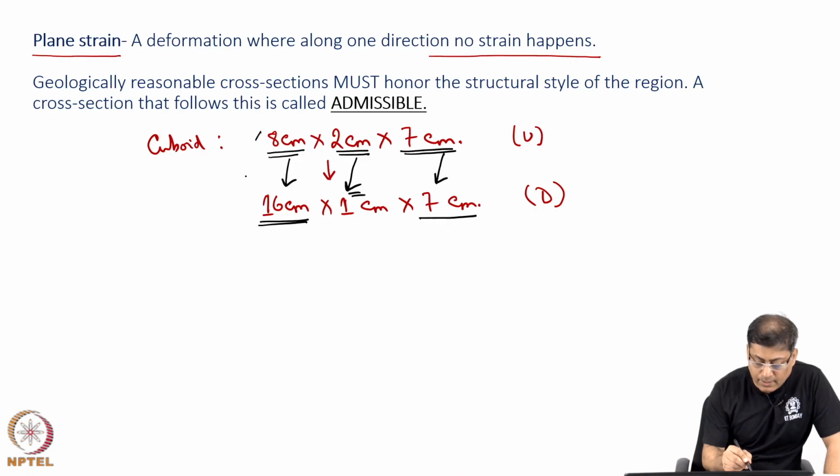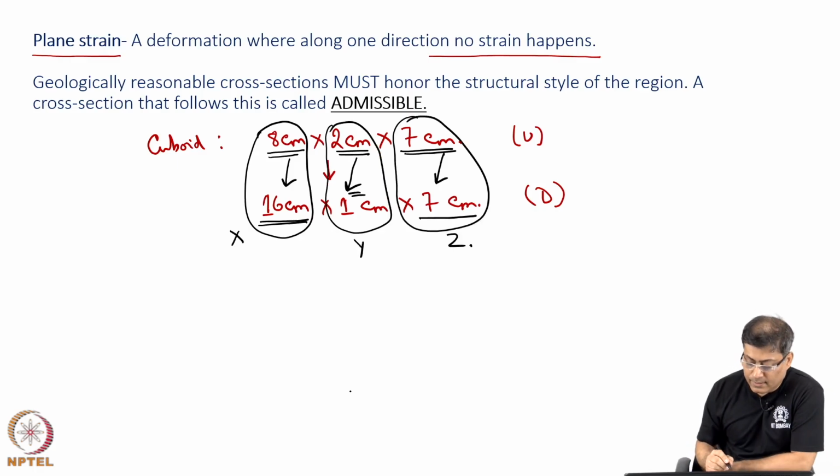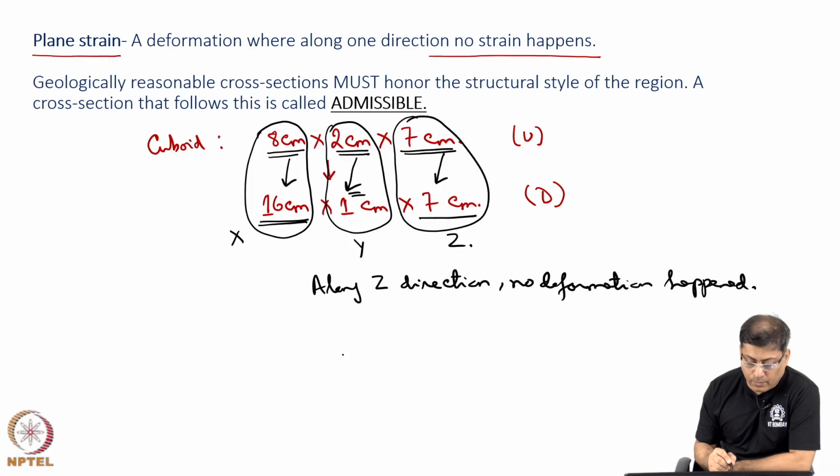If the direction where these were measured is x, if the direction where these were measured is y, and suppose this is the z direction, then we can see that along z direction no deformation has happened, and we can say that deformation has happened on the xy plane.